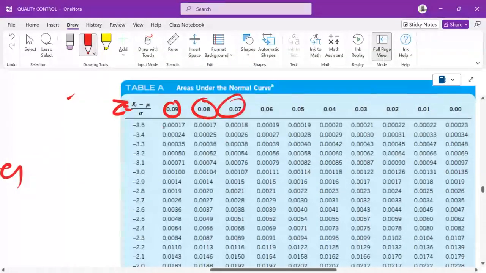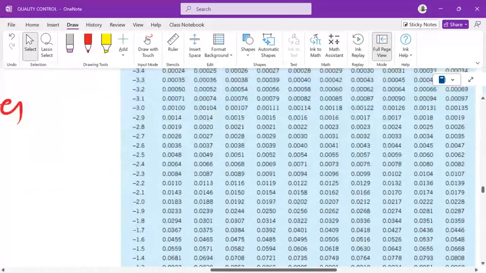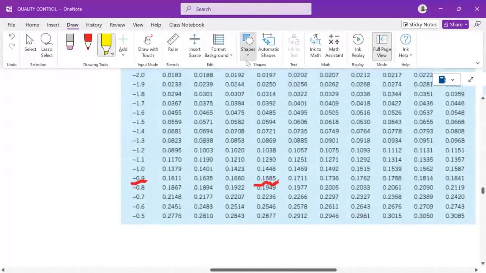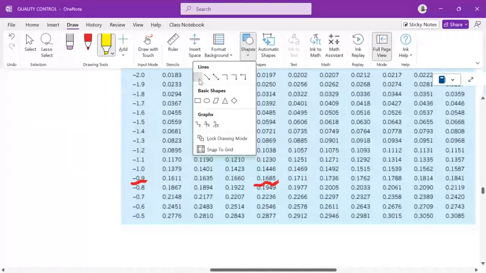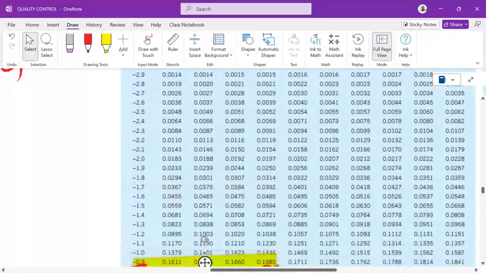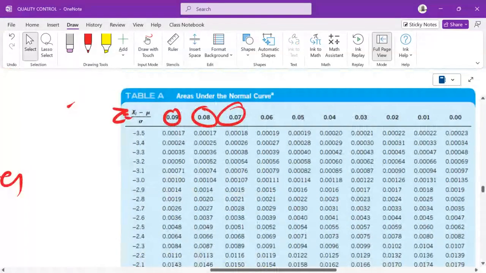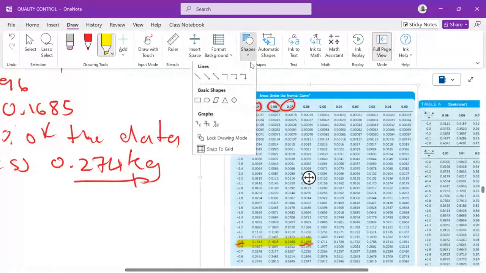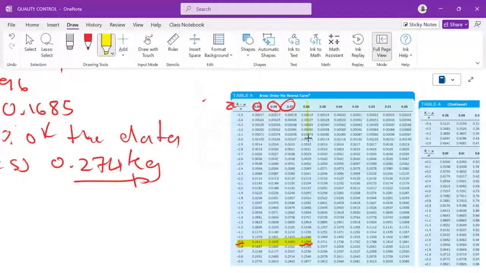So that will be 3.59, 3.5876, until. Then we are looking for 0.96. See there, 0.96. It's found here.